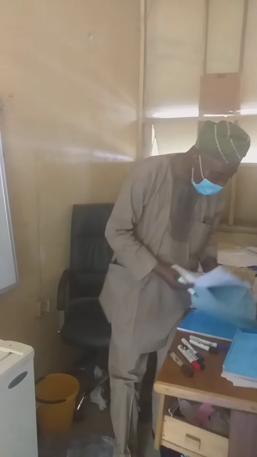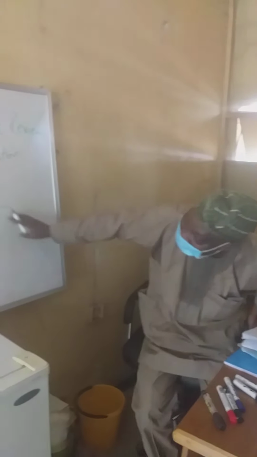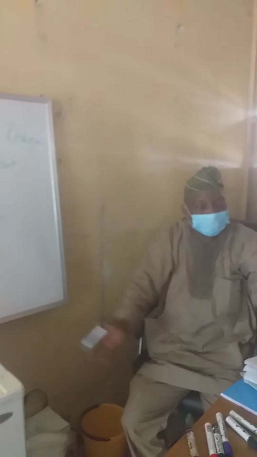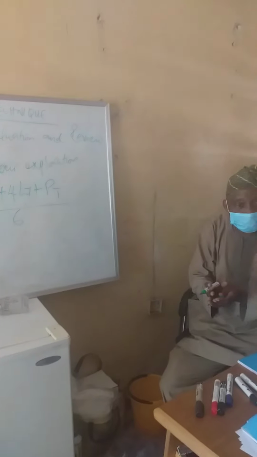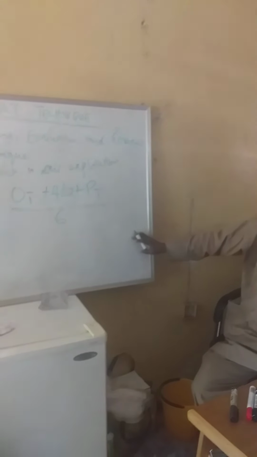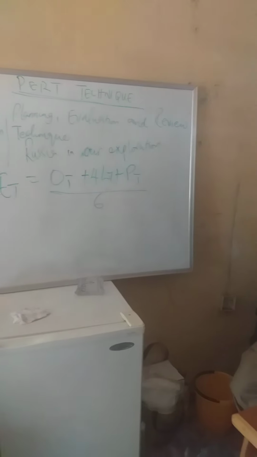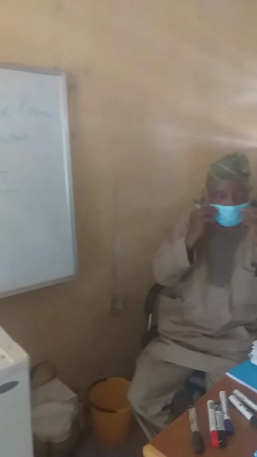Now, the essence of this formula is to assign time to all the activities. You can see the formula, all of them have the letter T, and that T stands for time. The time could be in days, or hours, or weeks, or months, depending on how big the project is.